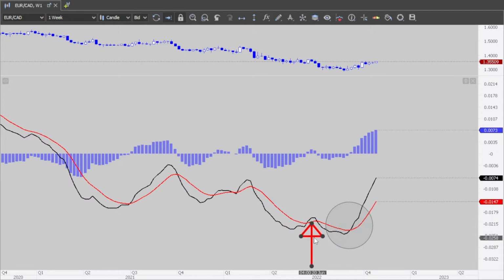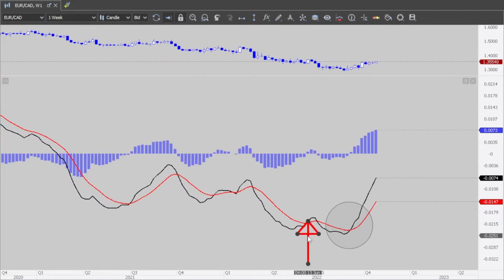The black one is the signal line. It's that simple. So if my red line is moving up, and the signal line crosses from below to above, this is a signal to go up.